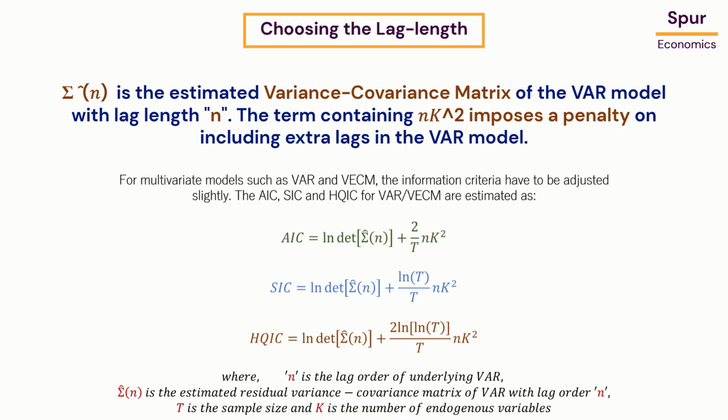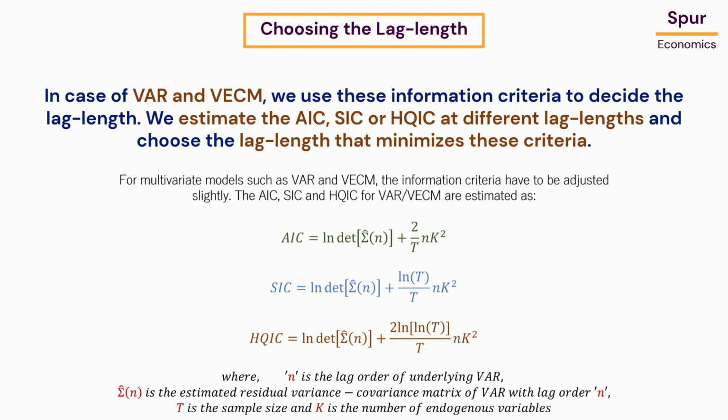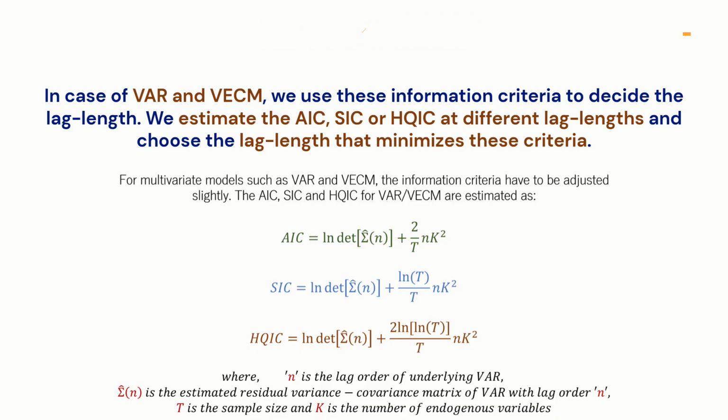The term containing nK square imposes a penalty on including extra lags in the VAR model. In case of VAR and VECM, we use these information criteria to decide the lag length. We estimate the AIC, SIC or HQIC at different lag lengths and choose the lag length that minimizes these criteria.